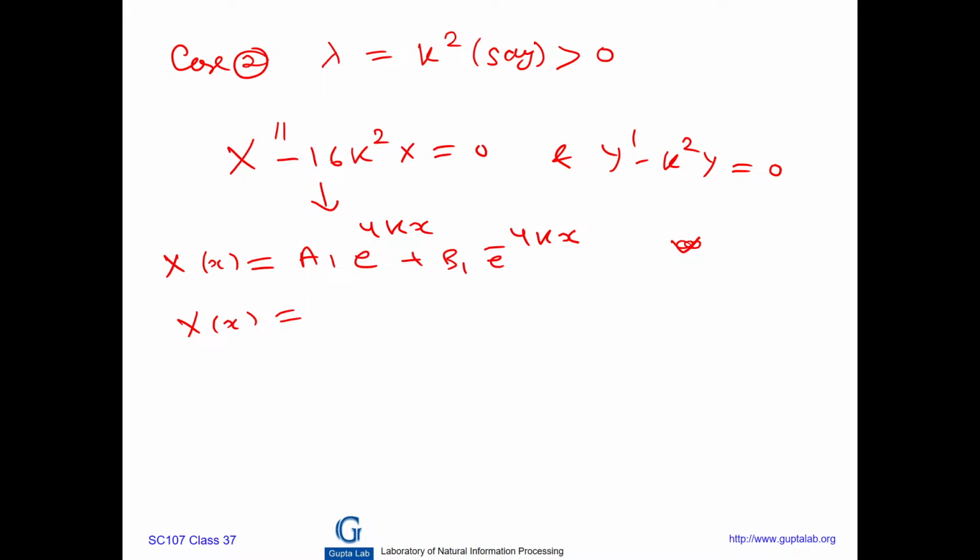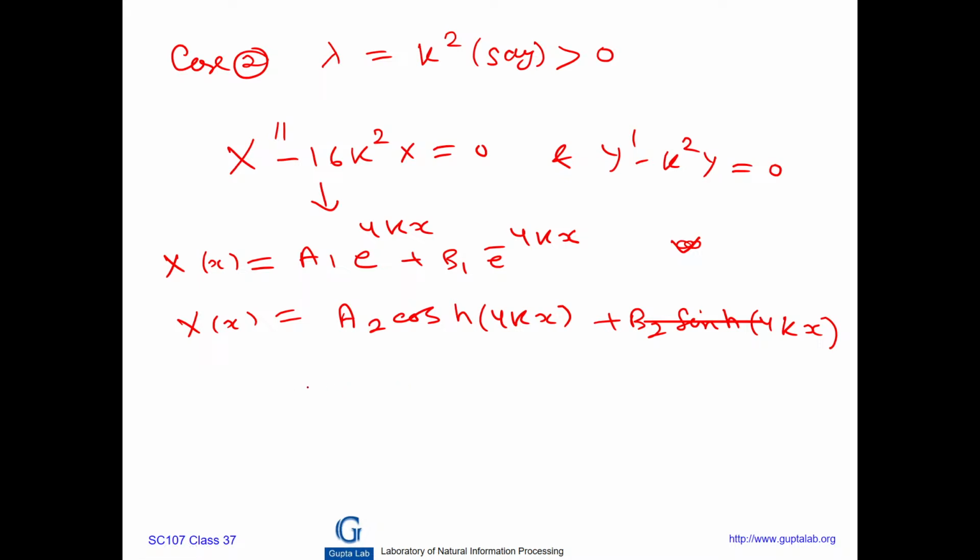Similarly, there is an expression for hyperbolic functions in terms of exponentials. So this can be simplified, with some new constants, to a2 times cosh 4kx plus b2 times sinh 4kx. So that is the solution.